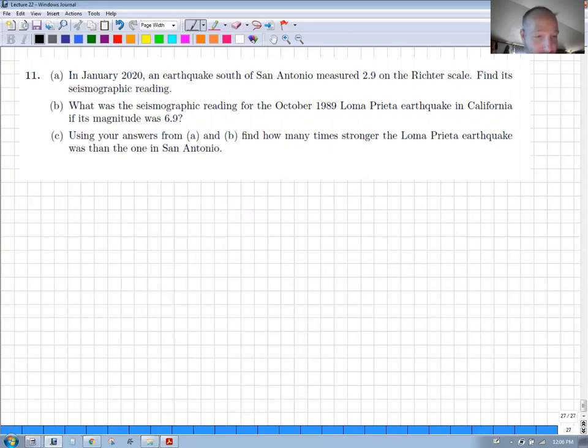Richter scale formula. Oh, no, I can't read that.